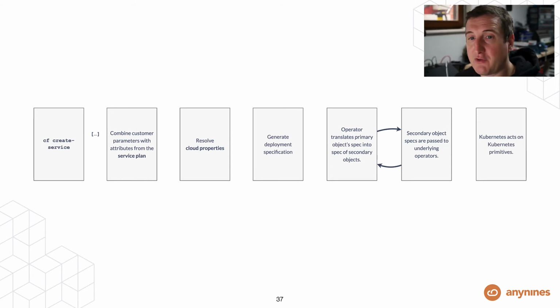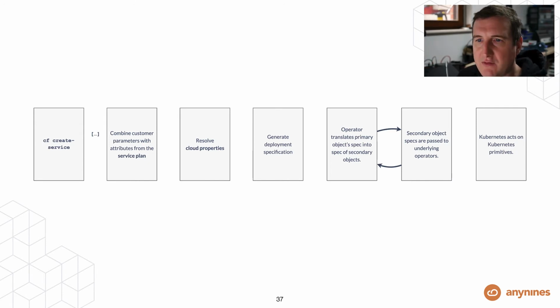So for example, if you create a Postgres instance of the service plan single small, the service plan will eventually resolve into the fact that it is represented by one virtual machine or one pod, and that, for example, the memory is about 4 gigabytes and not 8 or 12 or 16 or whatever.